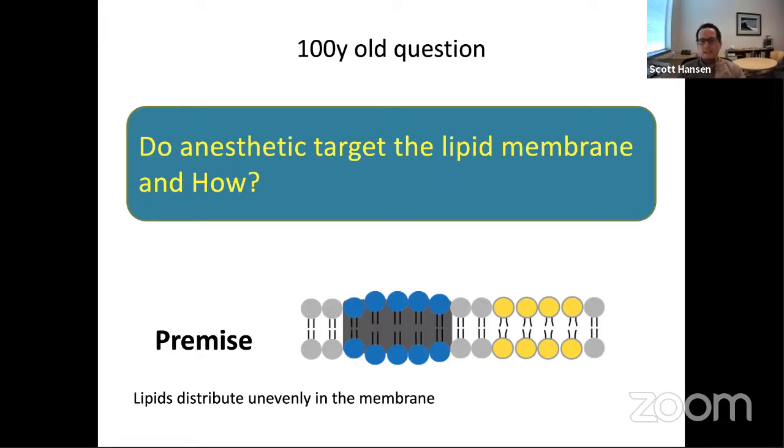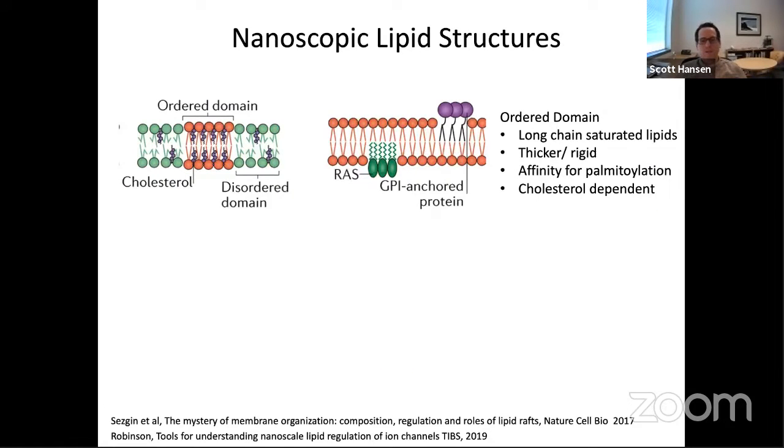This idea that lipids are not uniformly mixed in a plasma membrane. And I know this audience, for the most part, is very familiar with lipid heterogeneity, but there may be people on here that aren't familiar. So I thought I would take a couple of slides to discuss these nanoscopic lipid structures, or the lipid heterogeneity.